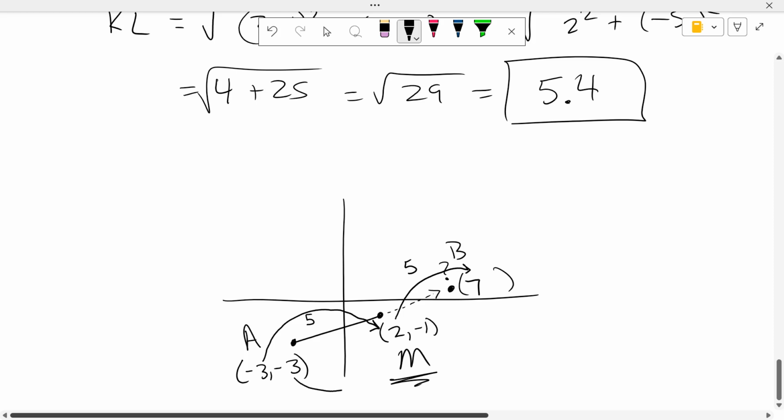How far is it from negative 3 to negative 1? 2. So if I go up another 2, where should that endpoint be? 1. So B would be at 7, 1. Okay? So if you're given a midpoint and an endpoint, to find the other endpoint, you just have to figure out how far you travel to get to the midpoint and then travel that much further to get to the other endpoint.